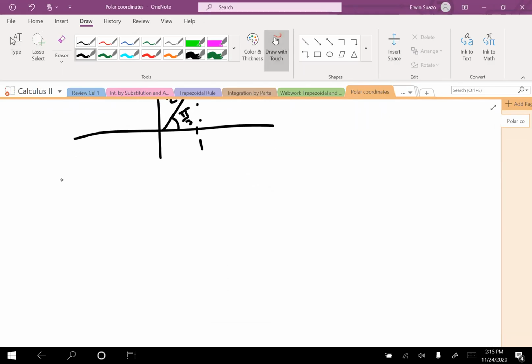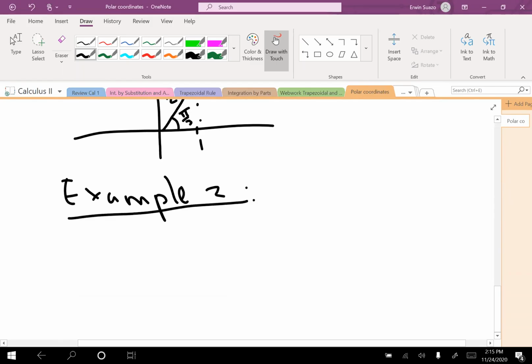So now another example, example 2. This is kind of a review of precalculus. You saw this in precalculus.